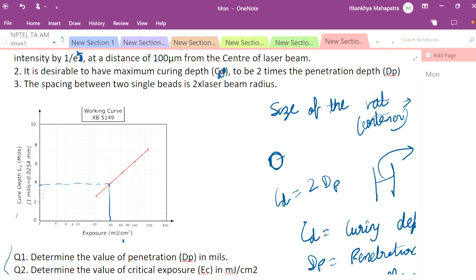So we can assume this is 3.8, and this we are taking as approximately 40. So I am taking it as 3.8 and 40. 40 is the exposure in mJ per centimeter square.